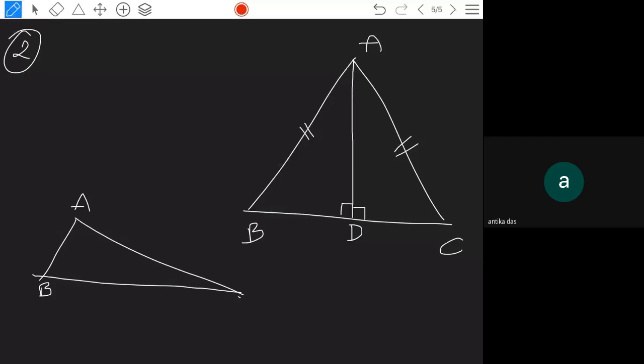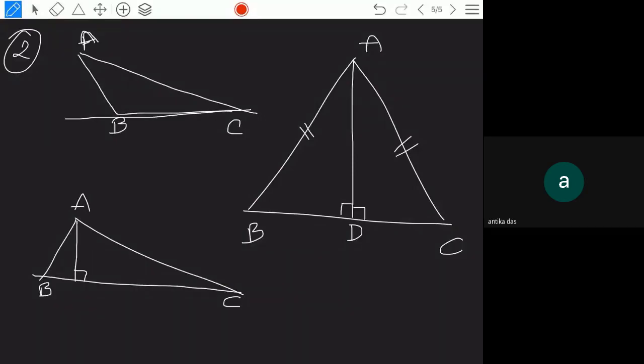This is an altitude. Now suppose you want to draw an altitude for an obtuse angle triangle ABC. Extend BC, and from A you drop the perpendicular. This AD becomes an altitude in this case.